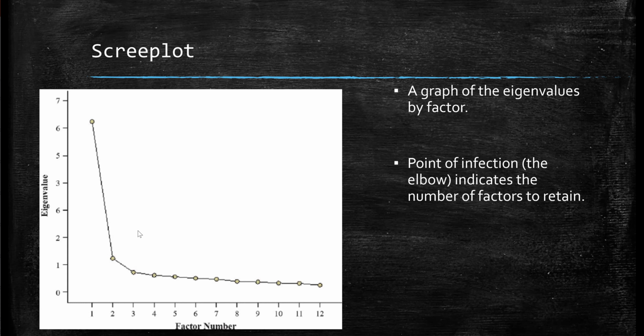So here we have a scree plot. This is not from the data we've been talking about. This is just a picture of a scree plot. But here we see these factors, the ones that have low eigenvalues and are kind of at the bottom here, are garbage.